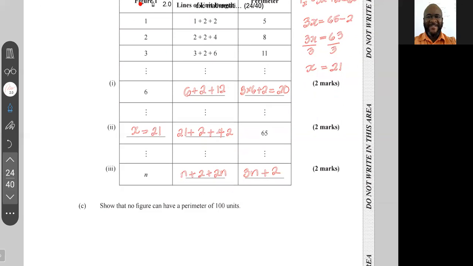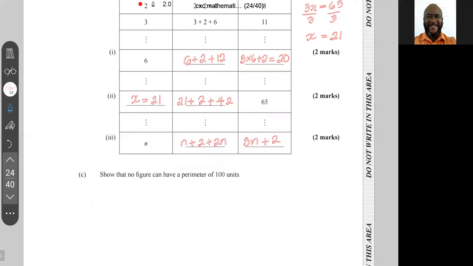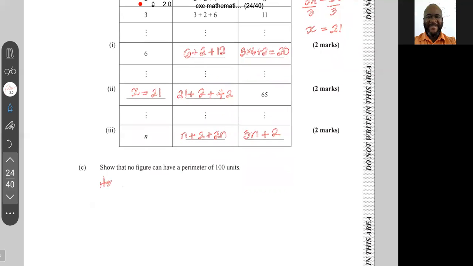Let's see what next. Show that no figure had a perimeter of 100 units. Now, the way I would do this is I would assume that the perimeter of the nth figure is equal to 100.